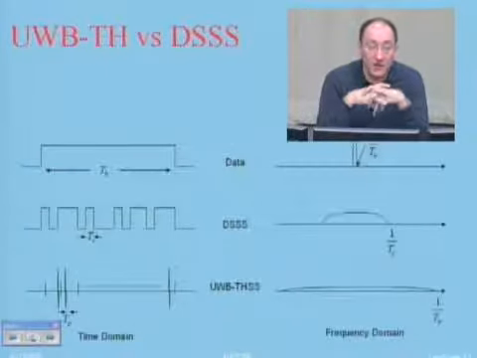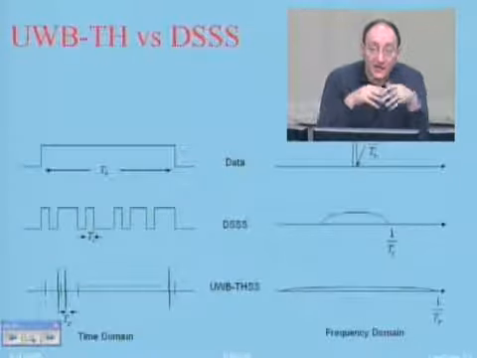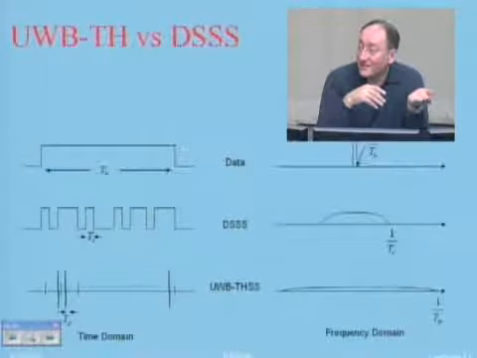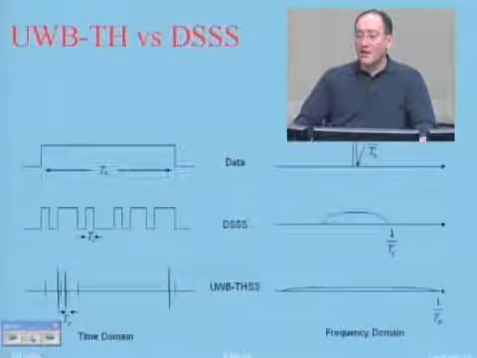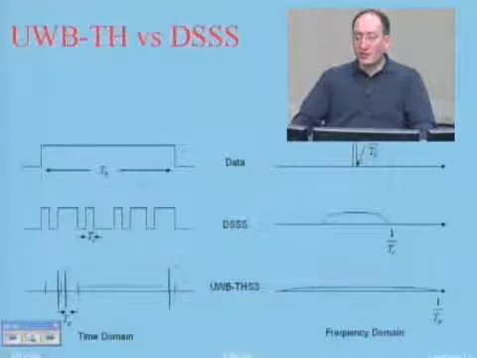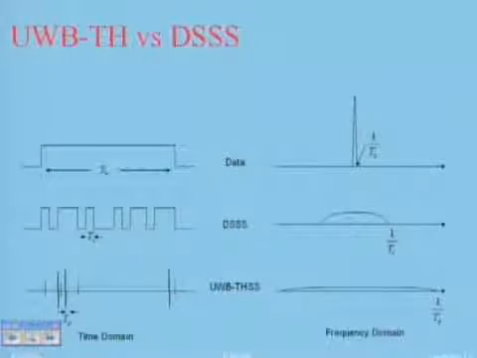So if you want to call it, it is a spread spectrum signal. That's the way that we see it in here. If in here my bandwidth was 1 over TB, in here it is 1 over TC, and in here it is 1 over TP, which is the duration of this pulse. But anyways, it's interesting.